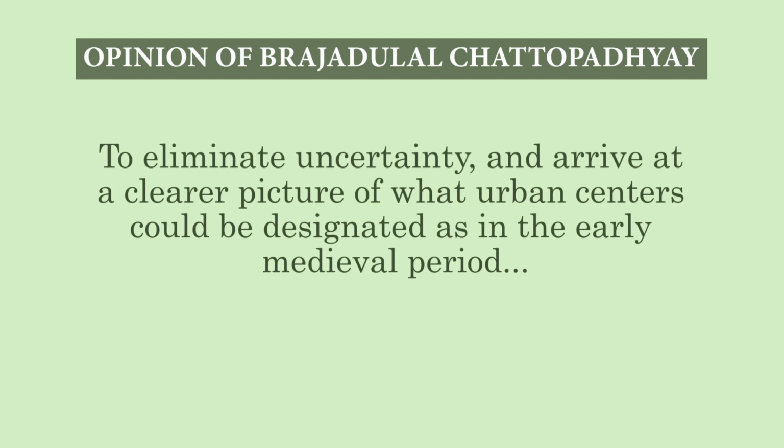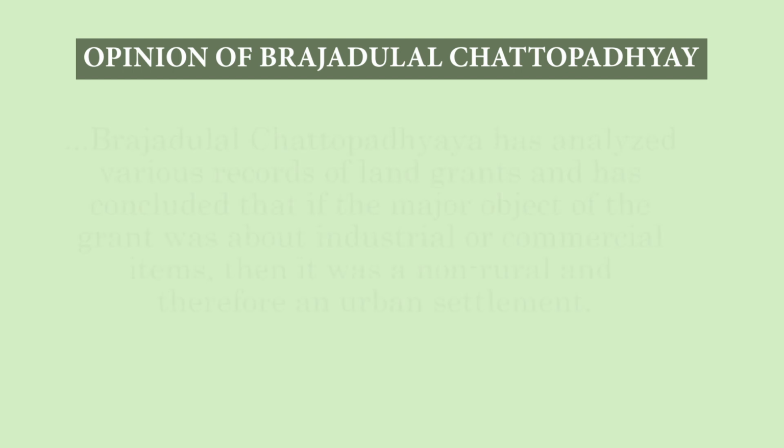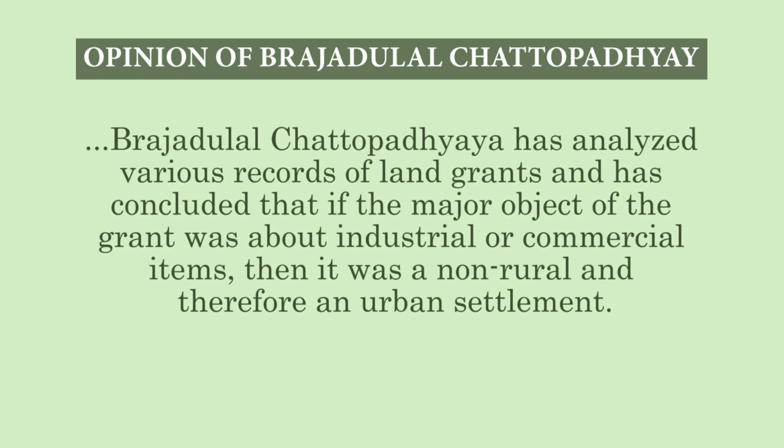To eliminate uncertainty and arrive at a clearer picture of what could be designated as urban centers in the early medieval period, historian Chattopadhyay has analyzed various records of land grants and has concluded that if the major object of the grant was about industrial or commercial items, then it was a non-rural and therefore an urban settlement.